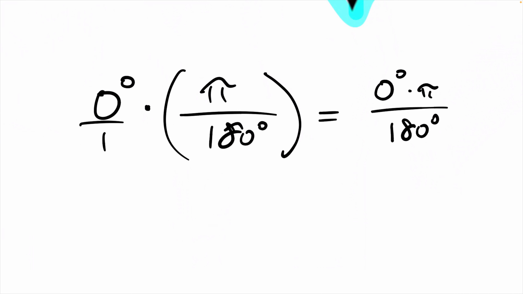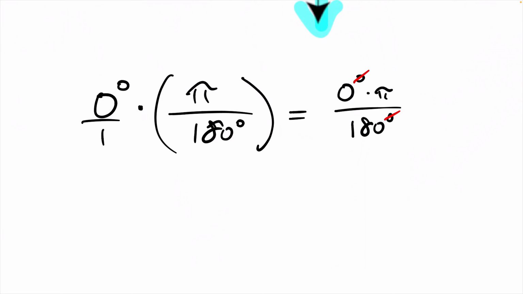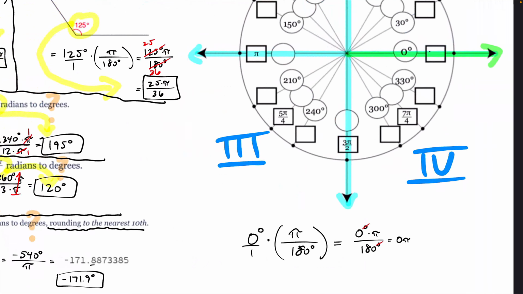Look for things that simplify. Degrees crosses out. So now I got 0 divided by 180. Well, what is 0? Ask your calculator, what's 0 divided by 180? 0. So that means I have 0 pi. So 0 degrees is the same as 0 pi.